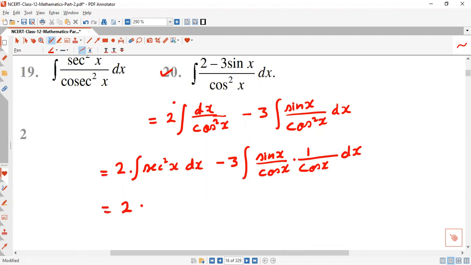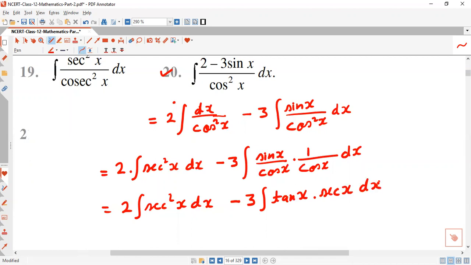That is 2 times integration of sec square x dx minus 3 times integration of sin x upon cos x, which is tan x, and 1 upon cos x means sec x, dx.